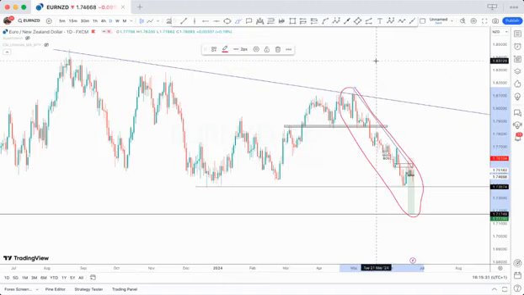So to make a decent amount of profit, you have to always consider going with the trend. In this trend right now, the sellers are in control, and it is very wise for us as traders to be on the sell trade, but we have to get in at the right time.